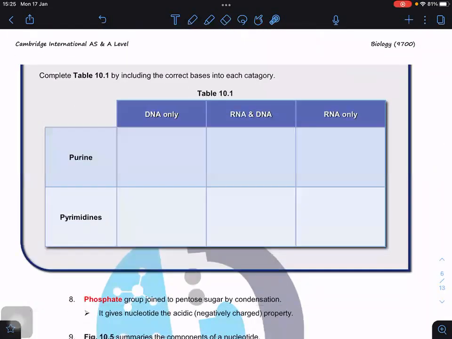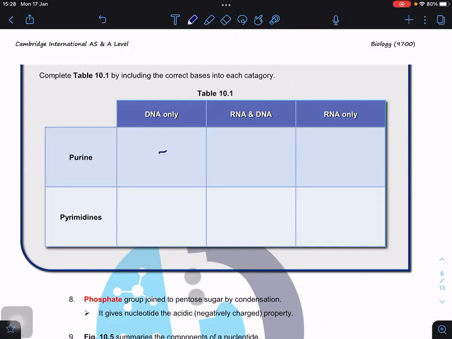Which are the purines that appear in DNA only? Which are the pyrimidines that appear in DNA only? Try to complete this before I give the answer. How many purines do we have? Two, adenine and guanine, and both appear in DNA and RNA, so no issues at all.